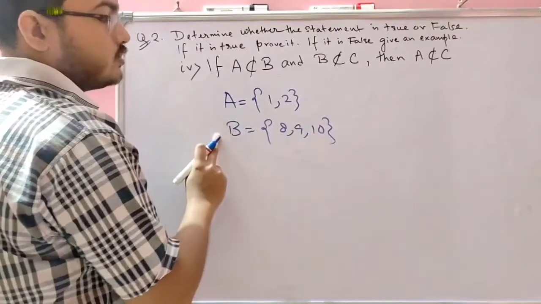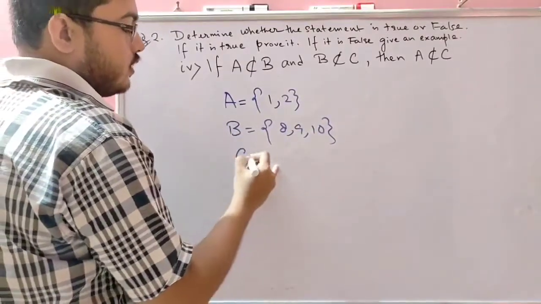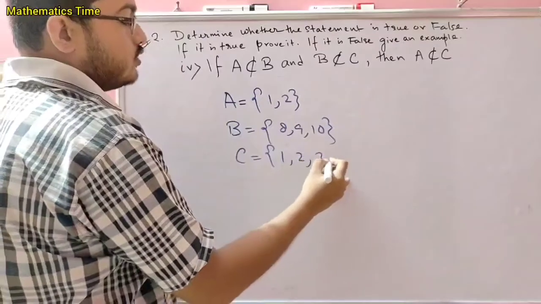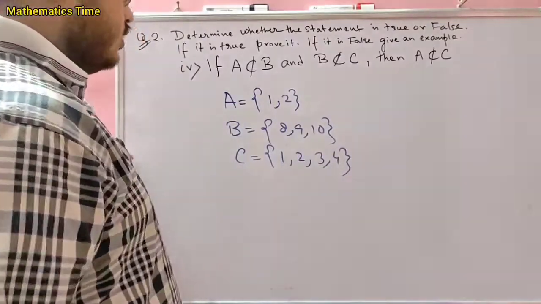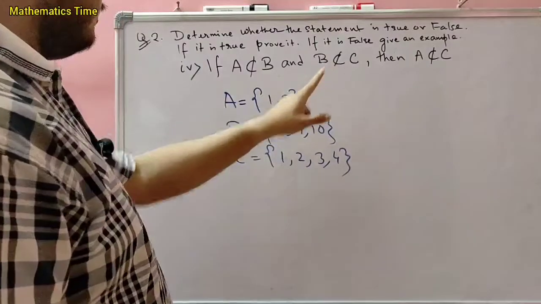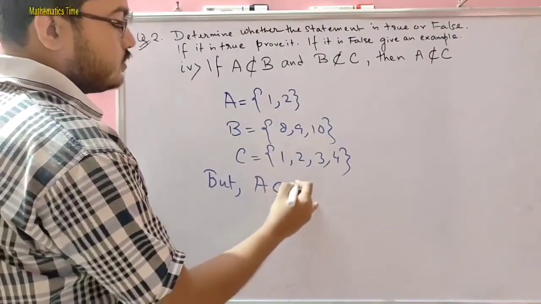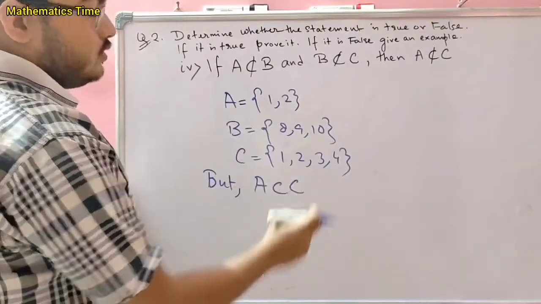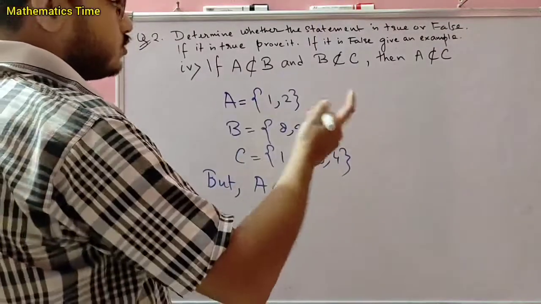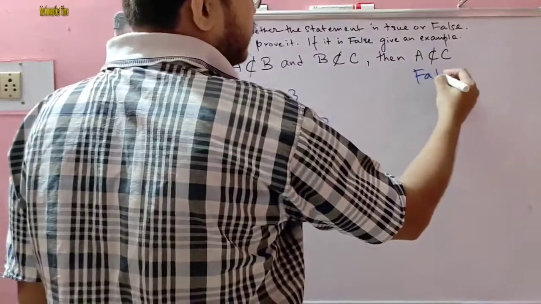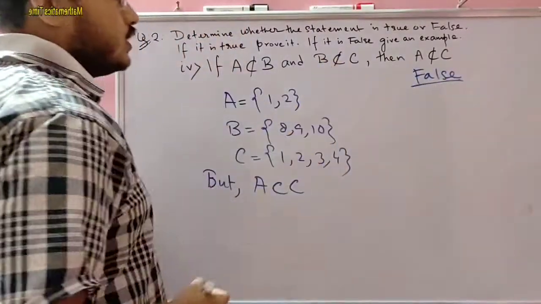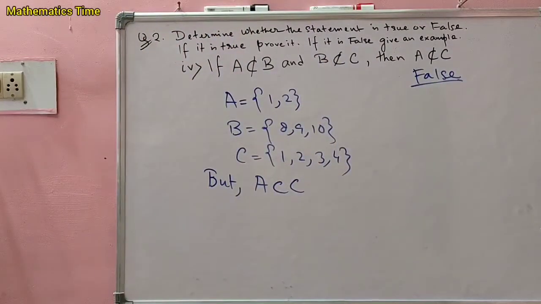So clearly A is not a subset of B, and C we are taking {1, 2, 3, 4}. So here also B is not a subset of C. But you can clearly see A is a subset of C. 1, 2 is present here, so A is a subset of C. We only have to show one example is not true for false statements. So this statement will be false.